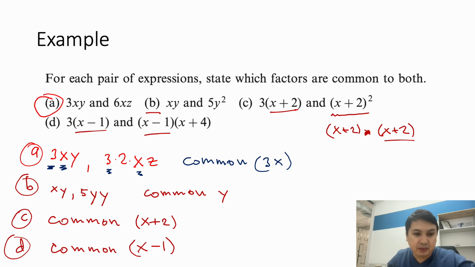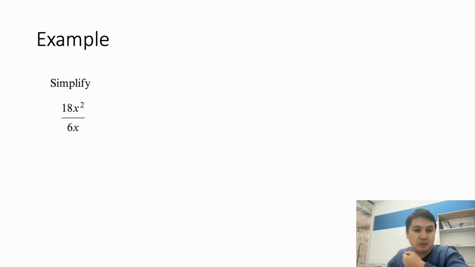Okay. Now let's do simplification. So simplify 18x squared divided by 6x. So what do we see? Well, I see 6 at the bottom. How about 18? Well, 18 can be written as 3 times 6. Then I have x at the bottom. Here x squared.